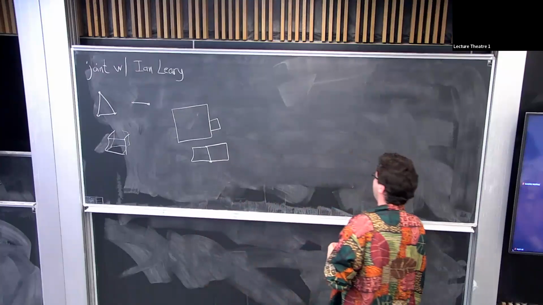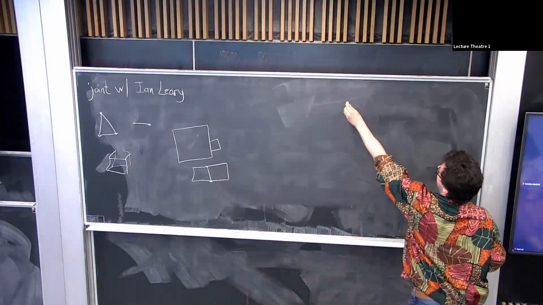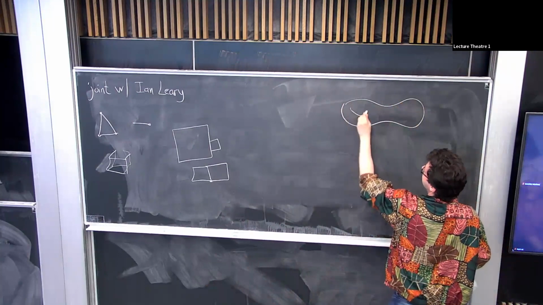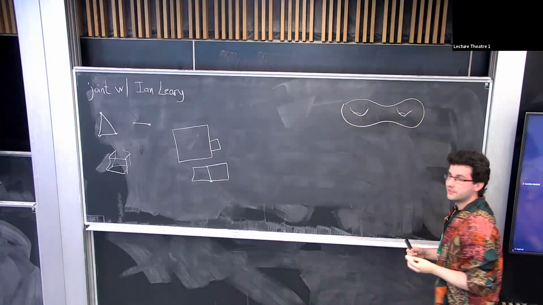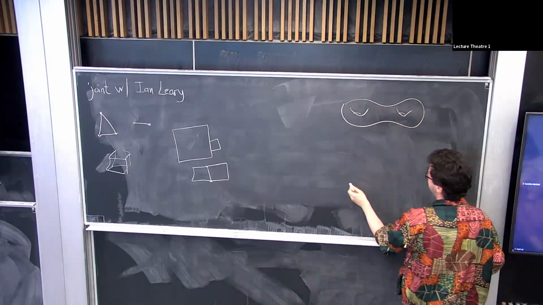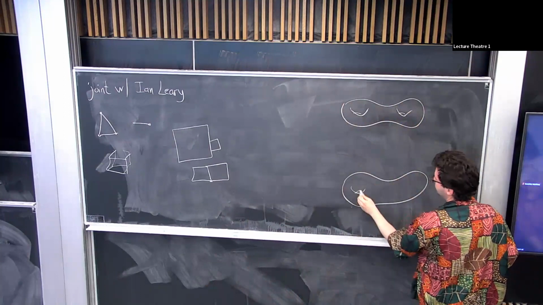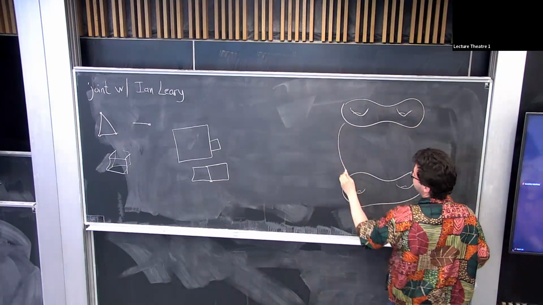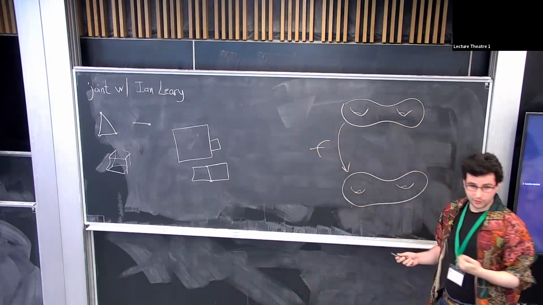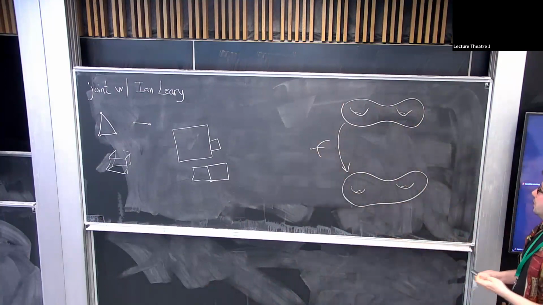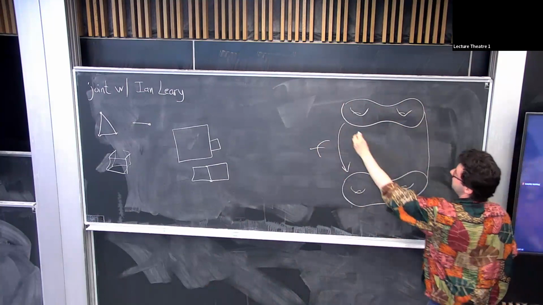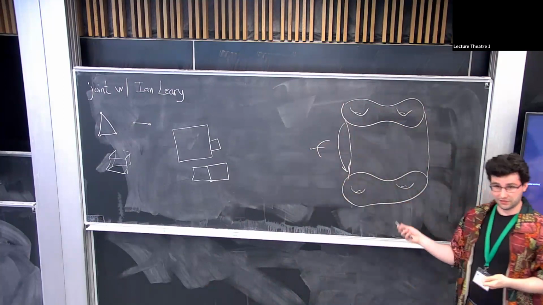One way of constructing 3-manifolds is this: you start with a surface, and you have some map F from the surface to itself. What you can do is try to construct the mapping torus of this.